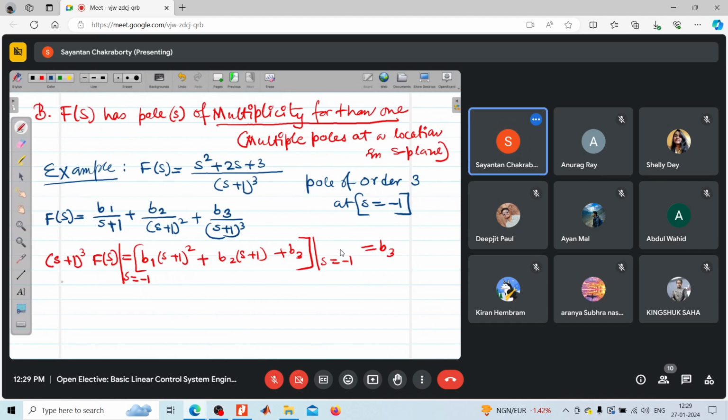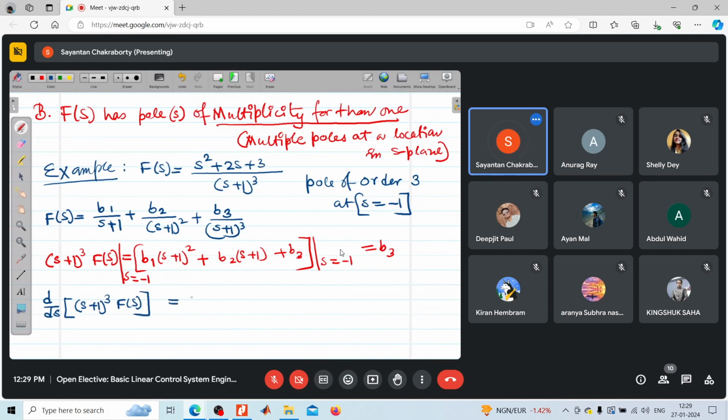Next, take a differentiation on both sides of this equation, that is d by ds of s plus 1 whole cube Fs.